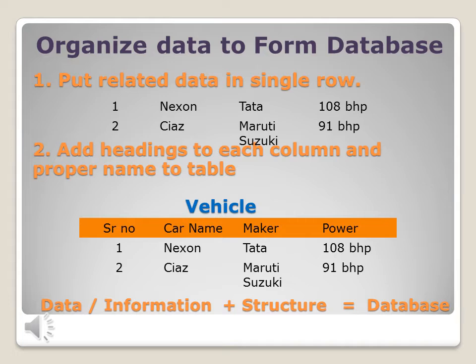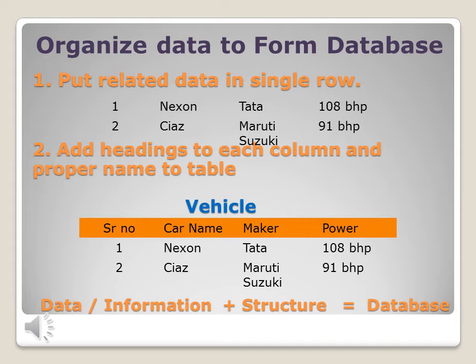Now, if we have organized data and want to convert that into the form of a database, how can we do that? There are a few steps which we have to follow while creating the database. The first one is to put all the data in a single row. All related data should be in a single row.